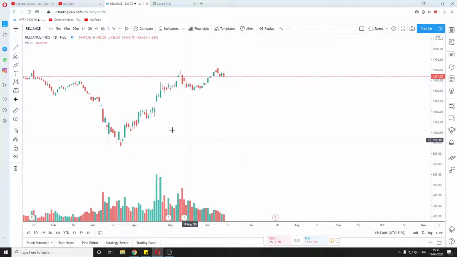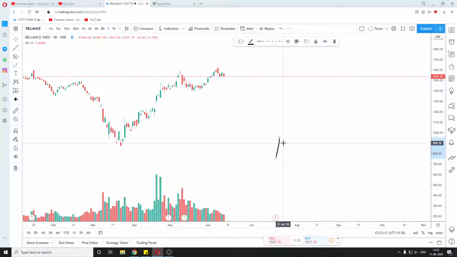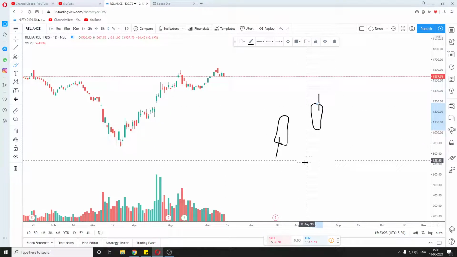Now these two points are clear, so let's talk about the types of candles. Basically only two types of candles are important: the hammer candle and the inverted hammer, or doji, or whatever you want to call it. These two candles are the most important ones, as they represent buying pressure and selling pressure.